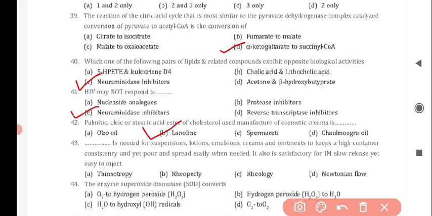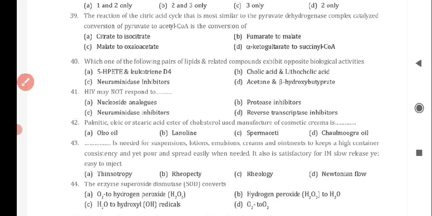Next question is, what is needed for suspensions, lotions, emulsions, creams, and ointments to keep a high container consistency and yet pour and spread easily when needed? It also is satisfactory for IM, slow release yet easy to inject. And the correct answer is option A, thixotropy.